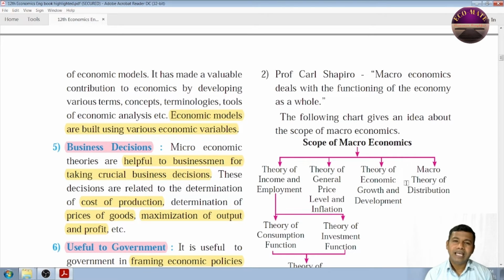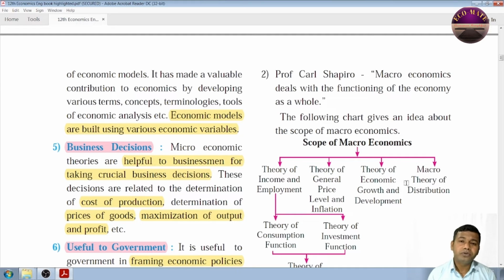It helps businessmen decide on the cost of production, profit maximization, and the prices of goods and commodities. So this is why studying microeconomics is always helpful to the businessman. And it is not just helpful to the businessman, it is also helpful to the consumers and the government.